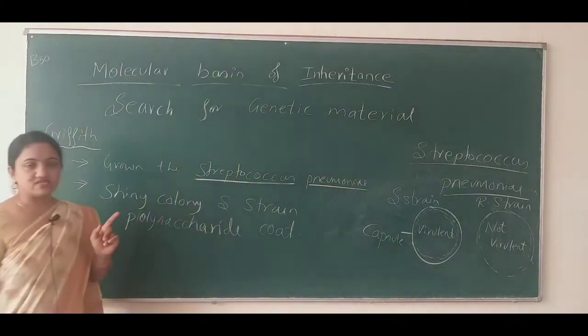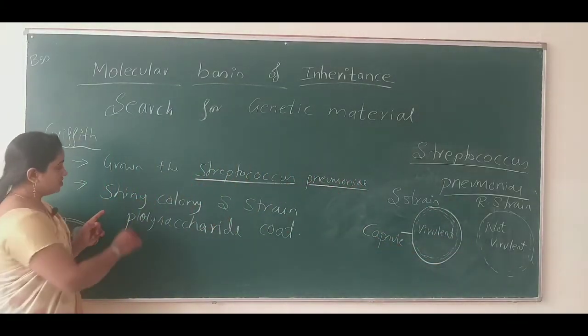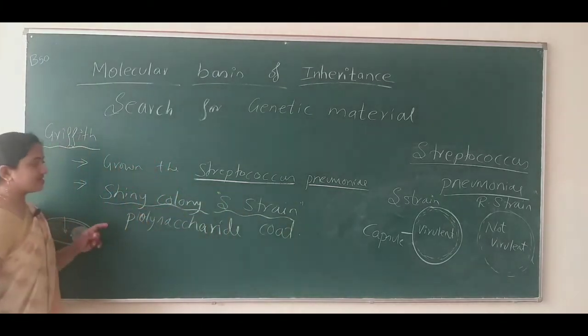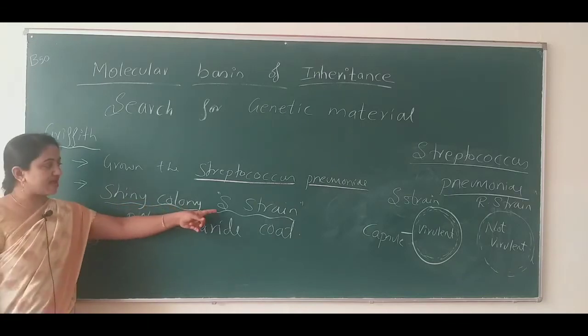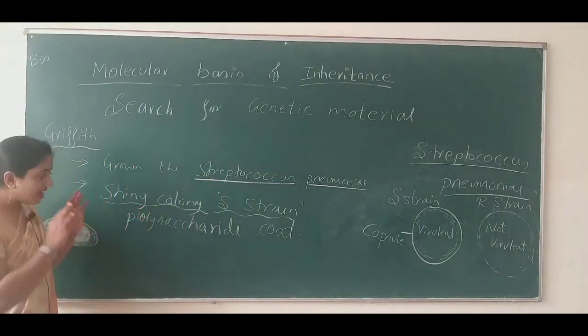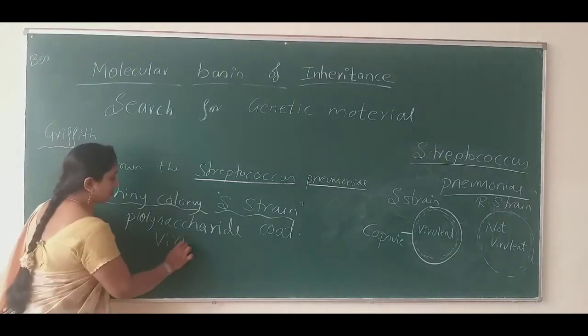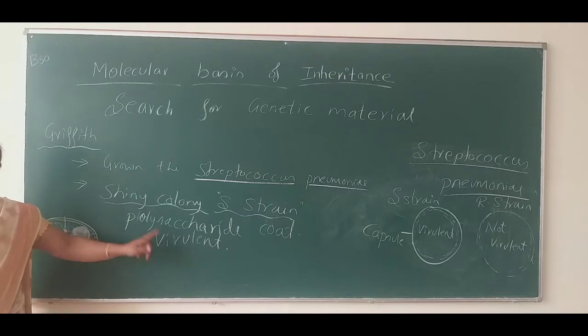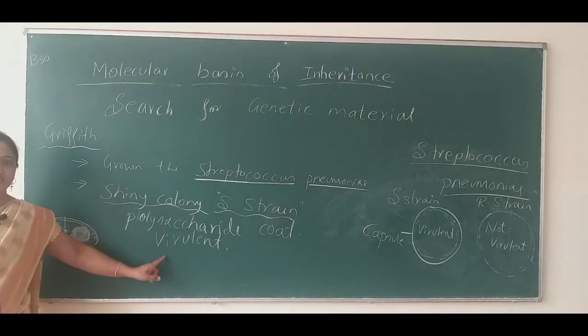It literally means capsule. So the shiny colony is the S strain bacteria, which have a polysaccharide coat. And these S strain bacteria are virulent. Virulent means they cause diseases.